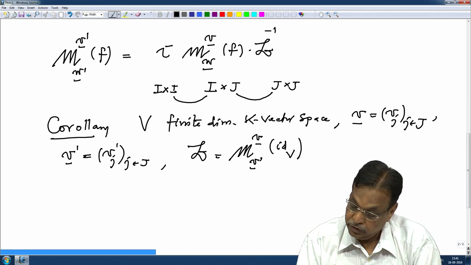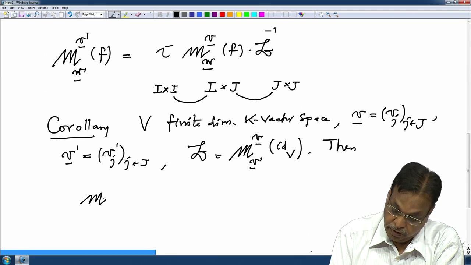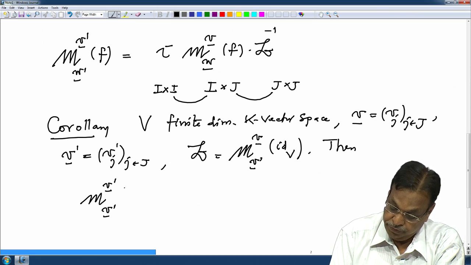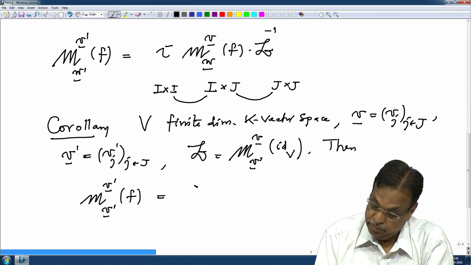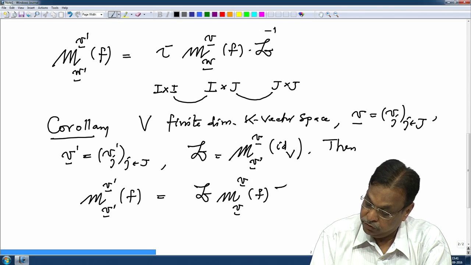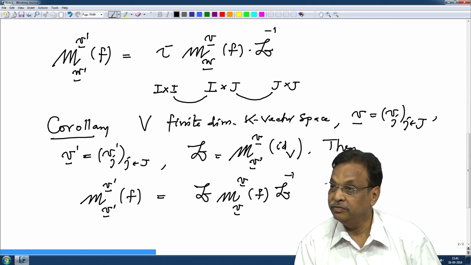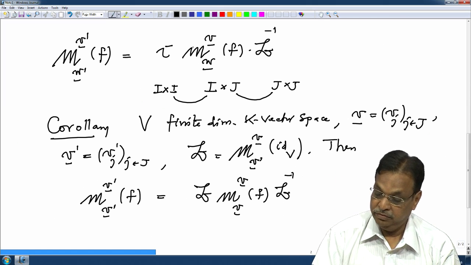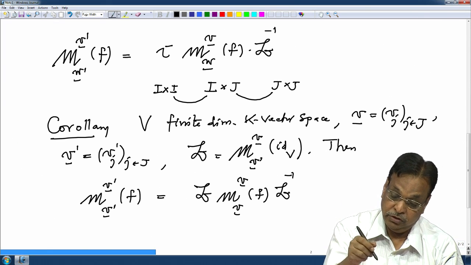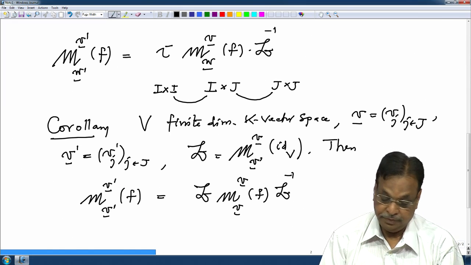Then the matrix of F with respect to the basis V prime, M_{V prime}^{V prime}(F), is B times M_V^V(F) times B inverse. Just put in C equal to B, basis W equal to V and basis W prime equal to basis V prime, and this is just a special case.